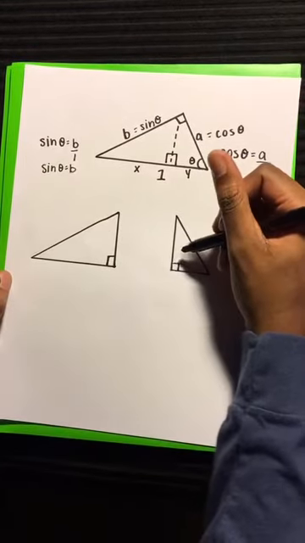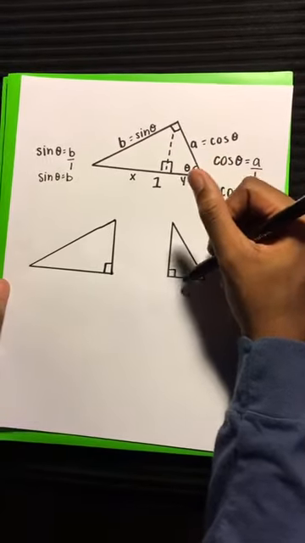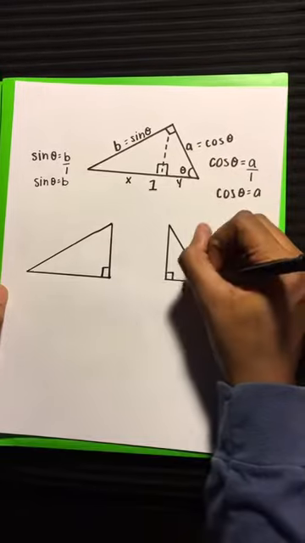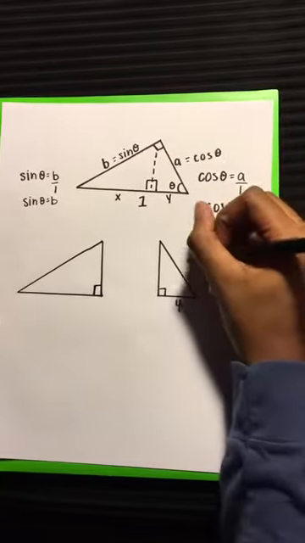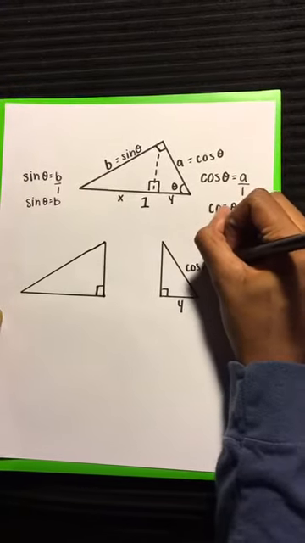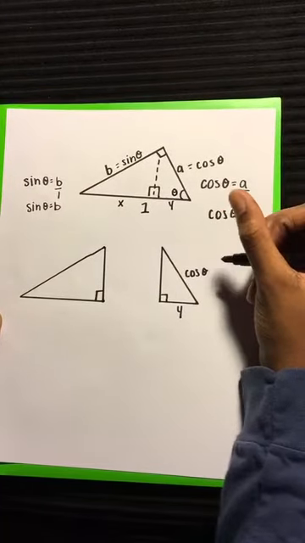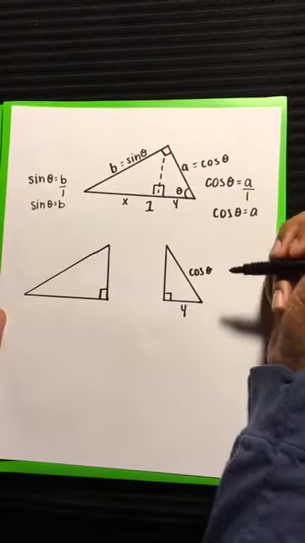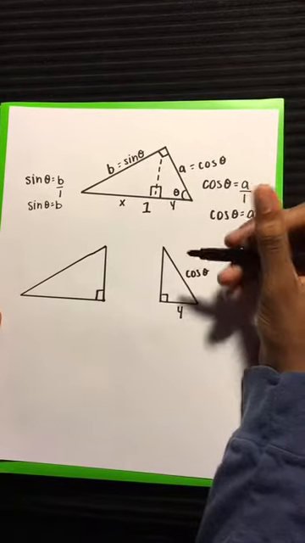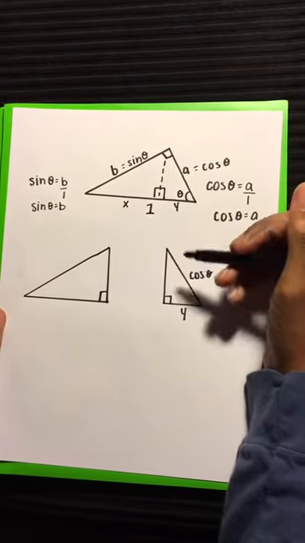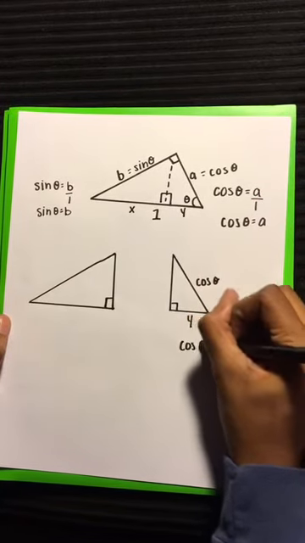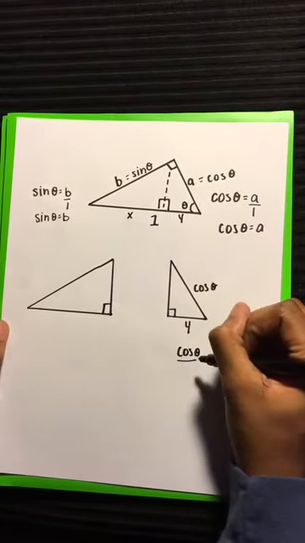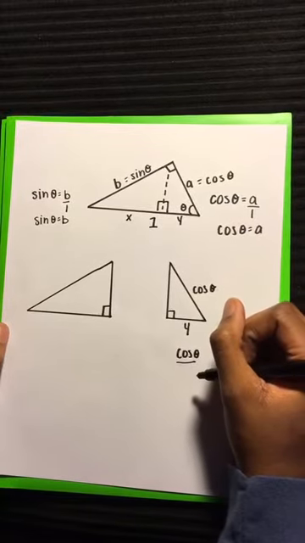So with this first similar triangle, we know that this short leg equals Y, and the hypotenuse equals cosine theta. So we're going to compare the short leg with the hypotenuse for each triangle. So for the original triangle, we know that the short leg is cosine theta, and you're going to put that over the hypotenuse, which is 1.